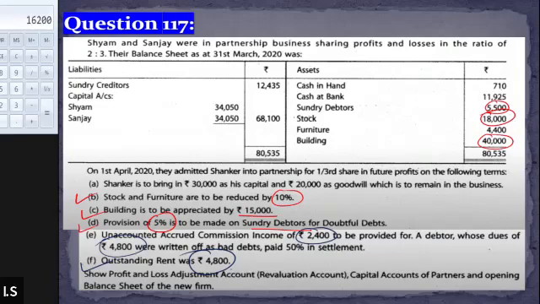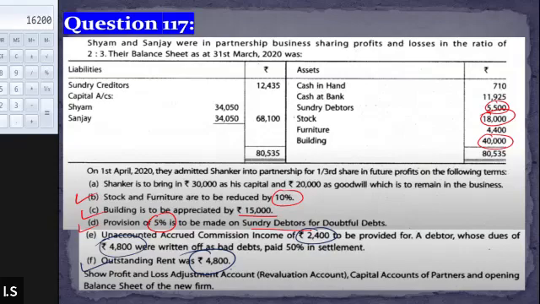Sir, I added the accrued commission. See, this is an asset and it will be separately recorded by the name of accrued commission on the asset side. We won't add this under the cash. Got it? Yes, sir.